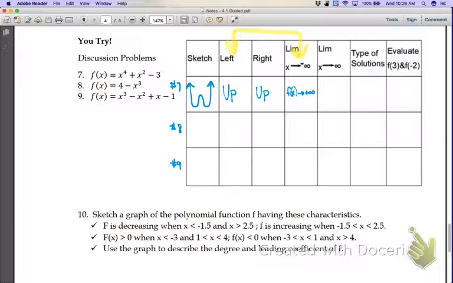So it's real simple. If you write down up, then you need to have f of x going to positive infinity. If you have down written, what does f of x need to be going to? Negative infinity.